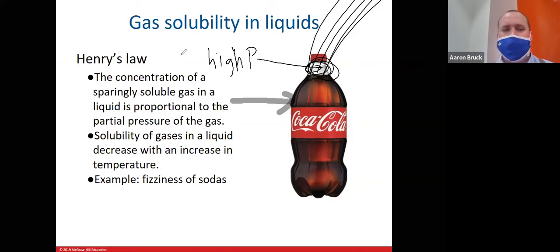The bubbles. We start to see large quantities of bubbles inside of the bottle. Why is that? Because we have released that pressure, the carbon dioxide that was forced into that solution now is going to start to escape.